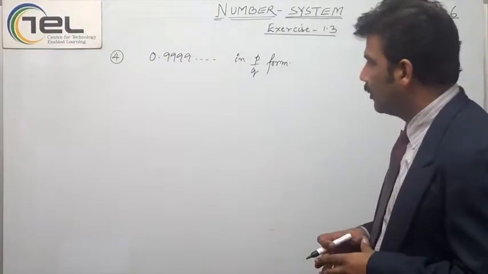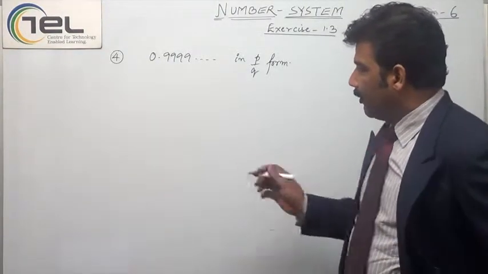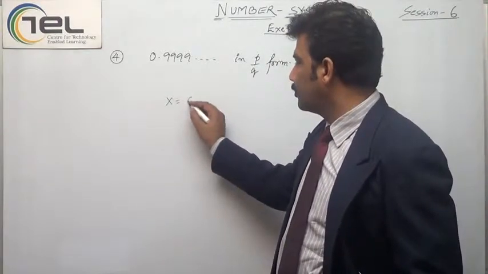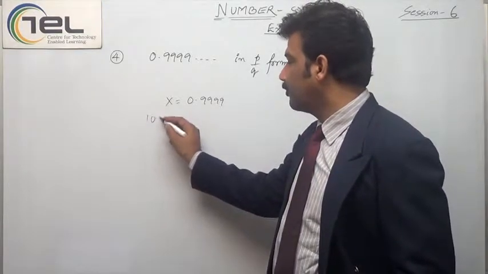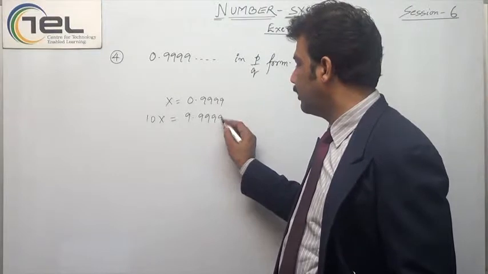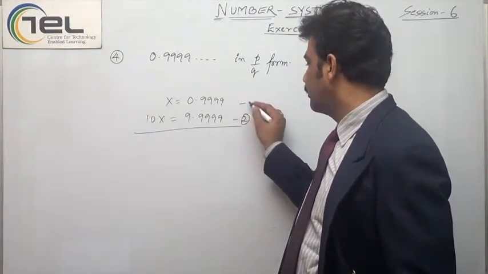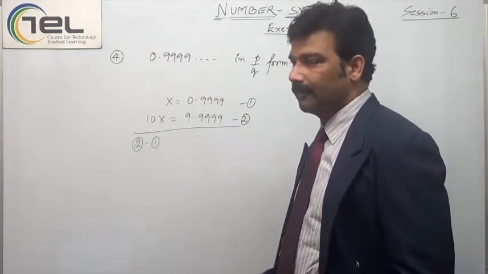Now say x equals 0.9999, 10 times x will be equal to 9.9999. I will subtract equation 1 from 2.